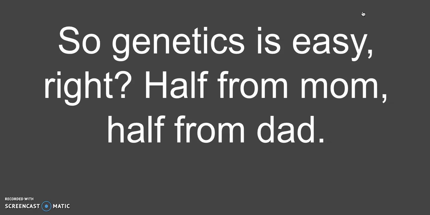And this applies to both things, like your hair texture and how wet or dry your earwax is, and if you can roll your tongue. But it also affects things like your propensity to disease.